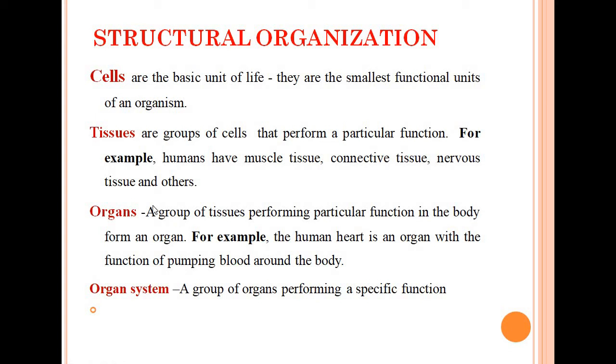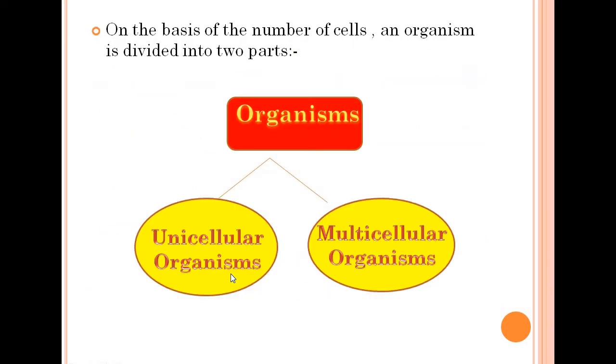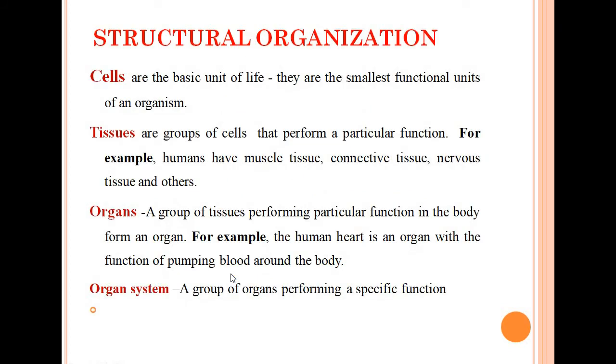For example, the human heart is an organ with the function of pumping blood around the body. And last is the organ system. A group of organs performing a specific function is known as an organ system. For example, digestive system, respiratory system, etc.